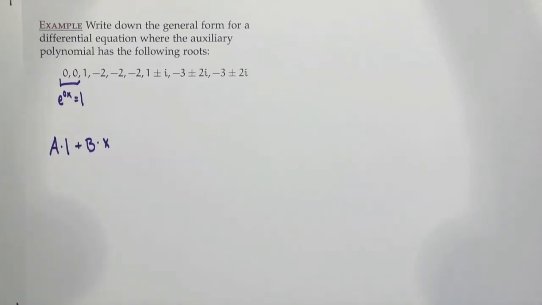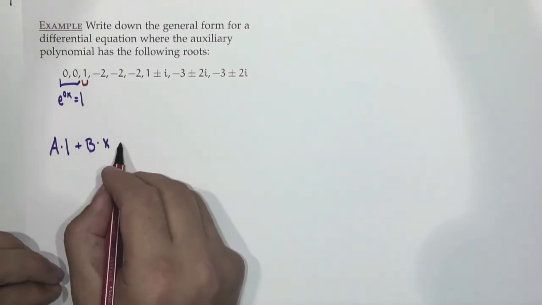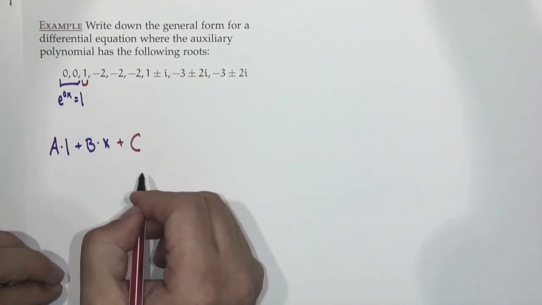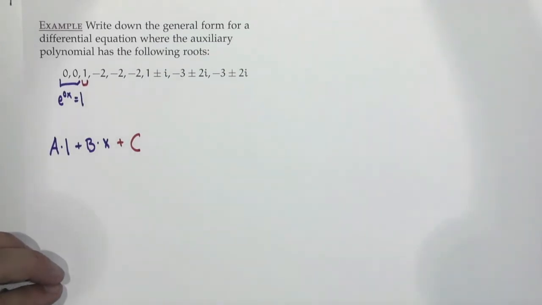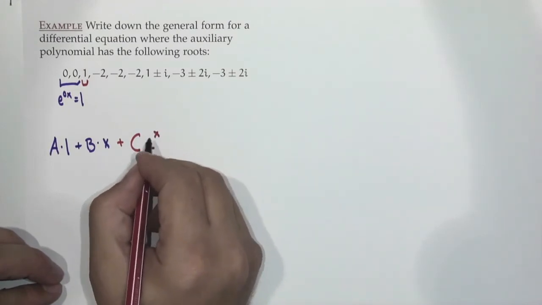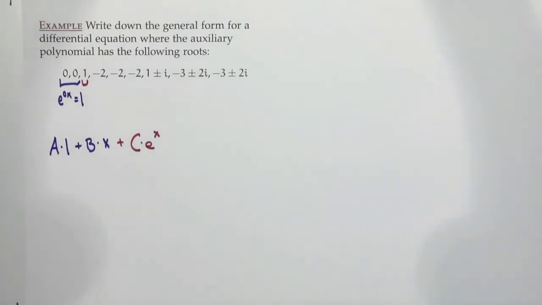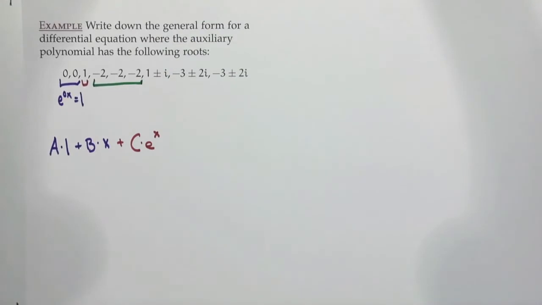Then we'll go to 1. That's not repeated, so that's good. What's the function? e to the 1 times x, no surprise. Then we'll go to our next set of roots, minus 2's.